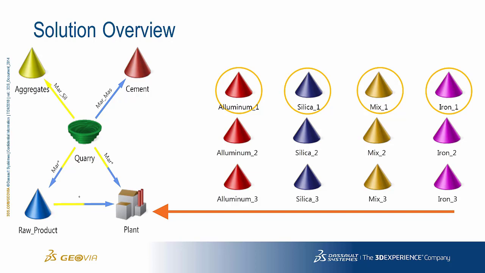But the issue is which is the best combination of these additive stockpiles. In this demonstration, there are up to 12 stockpiles, 3 for aluminum, 3 for silica, 3 for mix, and 3 for iron. So is this the best combination of stockpiles that helps me to address the quality shortcomings on a period by period basis of material coming out of the quarry?